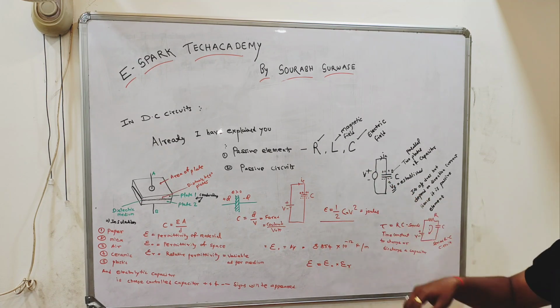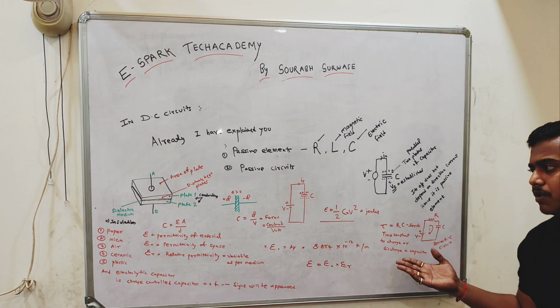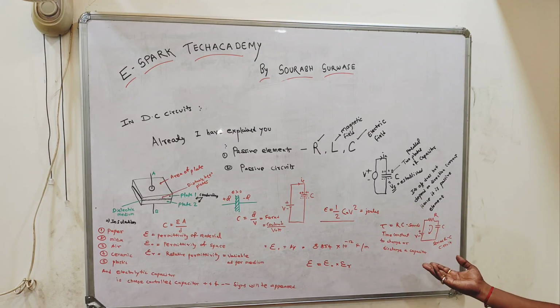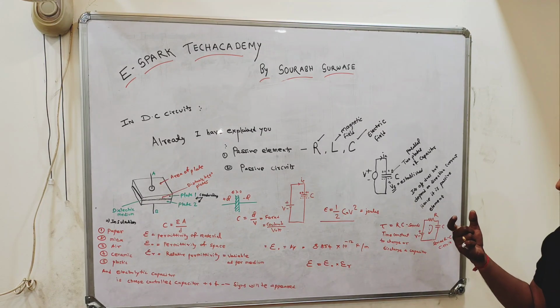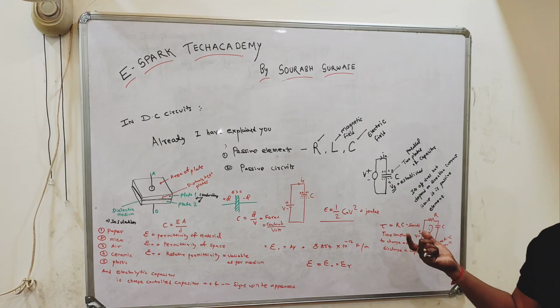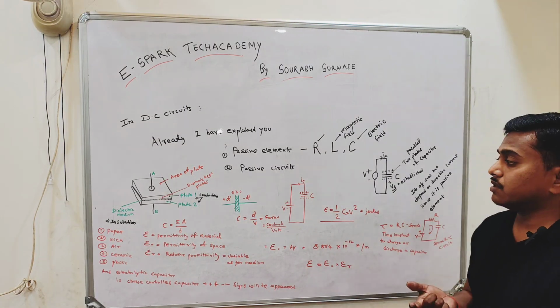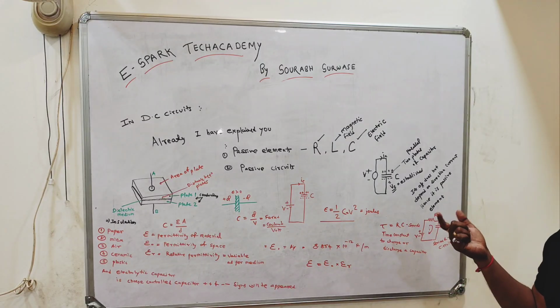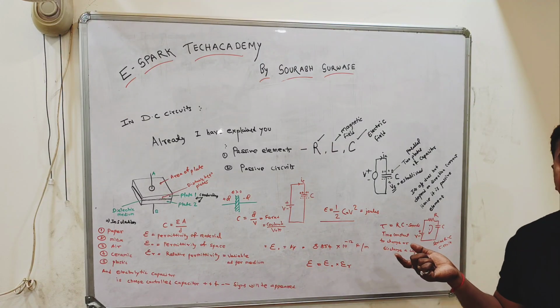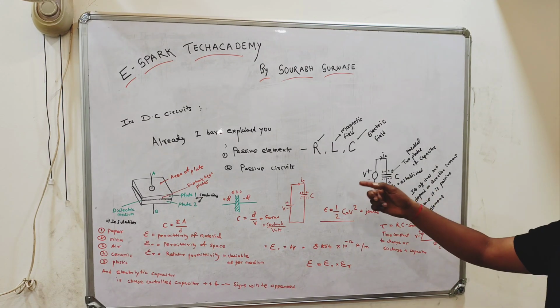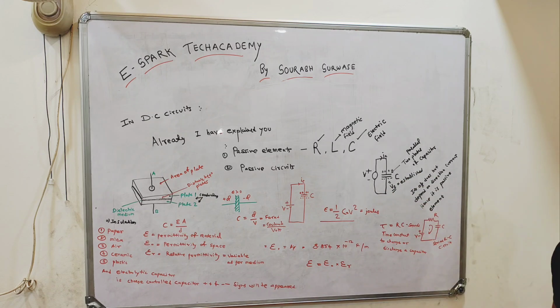How the capacitor will react for DC supply, how it will react for AC supply, and how it is useful in filter circuits, means how to get ripple-free DC from AC. These things will also be explained in the next lecture.